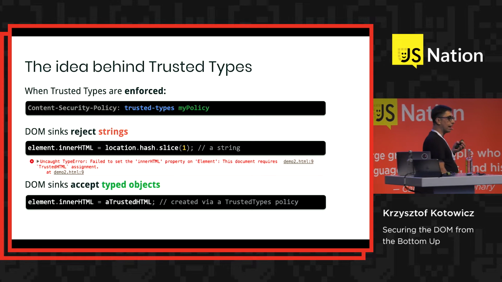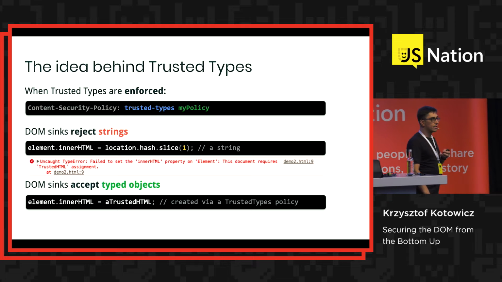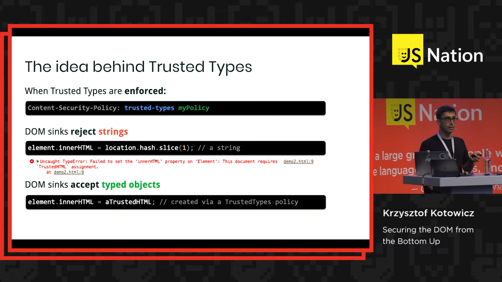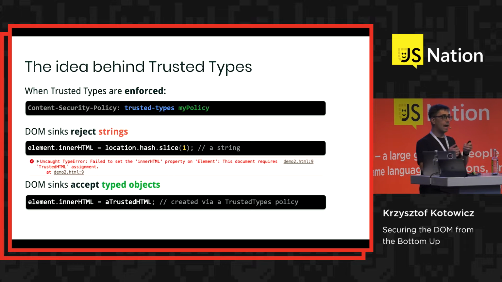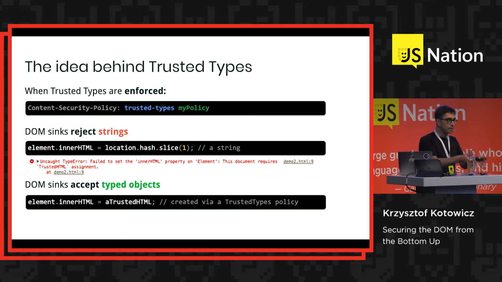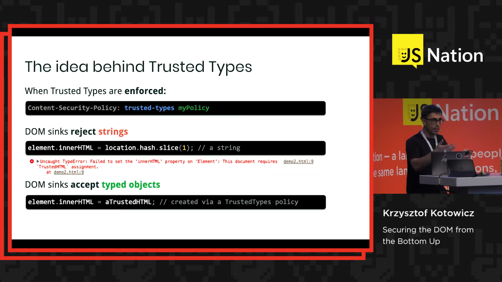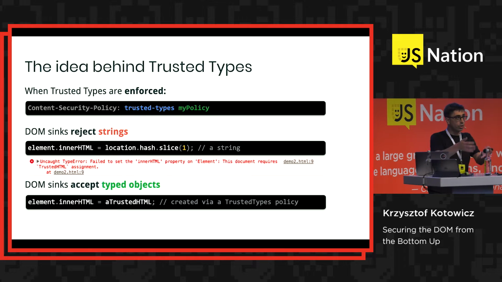And of course, it is okay to use a trusted HTML object with the inner HTML sinks, because that object means that you, as the application author, explicitly trust the data within this object to be included into those sinks. It doesn't create a DOM XSS vulnerability according to your knowledge.